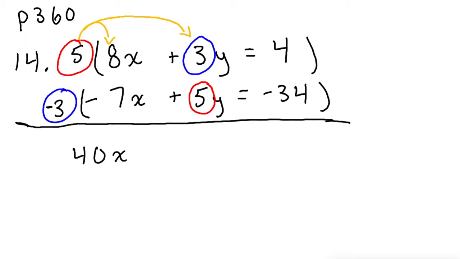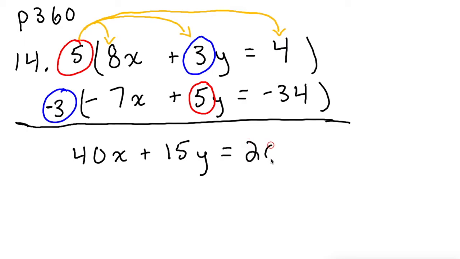And when we do that, this is positive and that's positive, so we'll get a plus 15y equals. Now we're going to do this one more time. This goes to everything. Remember, it goes even to this way over here. So we'll have that 5 times 4. So that'll be a 20. So what happened was this equation right here just became this equation.